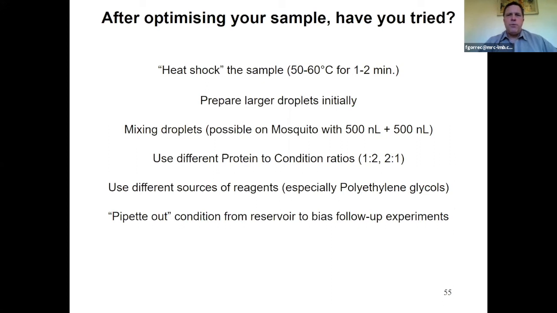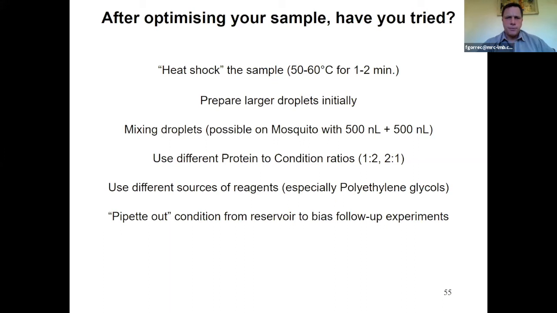So just a few further tips if you fail to optimize your sample, your crystal, sorry. You can try to heat shock the sample. The idea is to get rid of a sample that will be a bit denatured before you proceed.